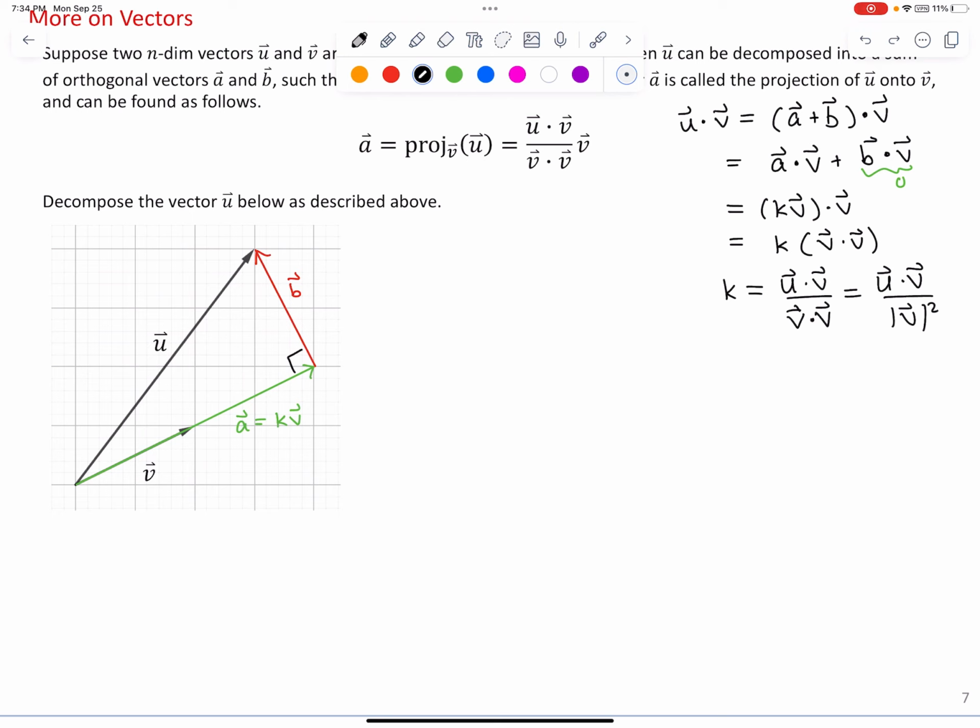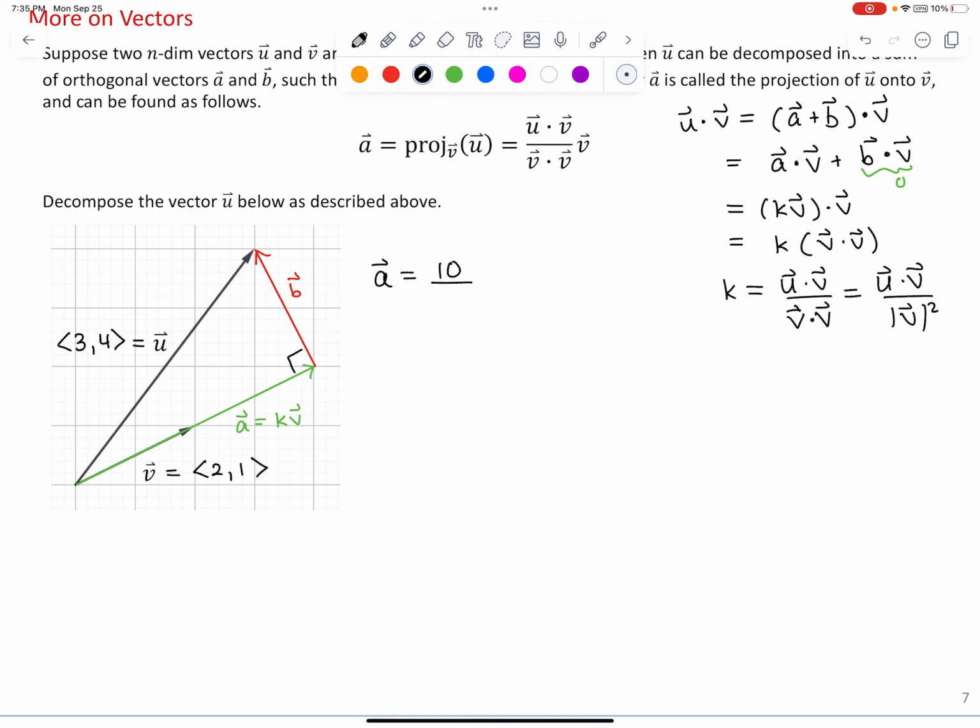Okay, let's go ahead and give the components of u and v based off the imagery here. Vector u is 3 to the right and then 4 up. So its components would be 3, 4. Vector v is 2 units to the right and 1 unit up. So its components will be 2, 1. So vector a will be equal to u dot v, which is 3 times 2, which is 6, plus 4 times 1, so 6 plus 4, and we get 10.